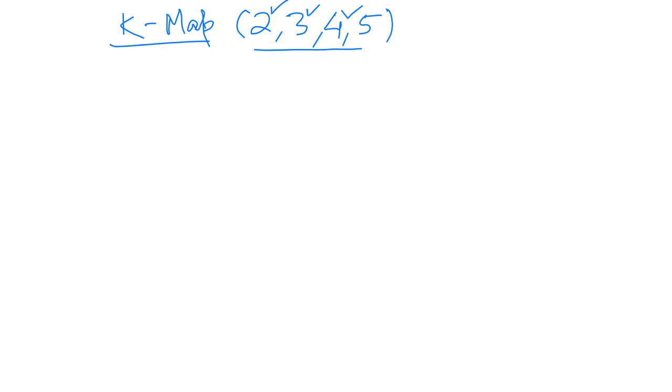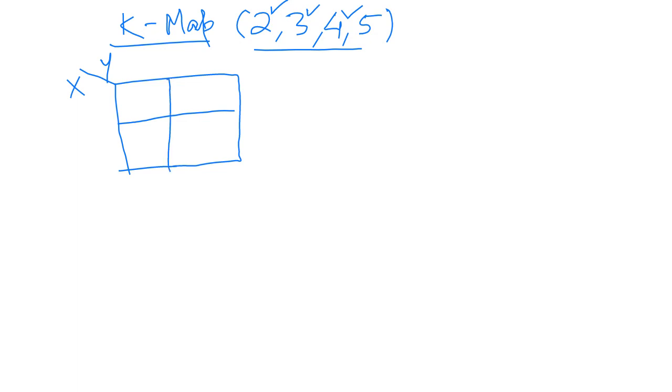Now, let us, for example, assume that we have got two variables. So, the map is like this, in which we'll keep x, for example, here and y here, right? Now, there will be two rows and two columns.